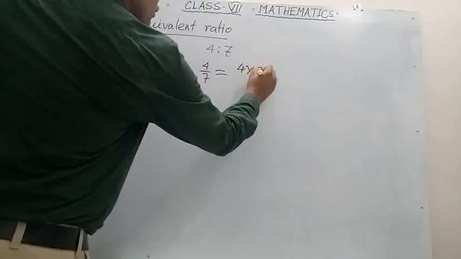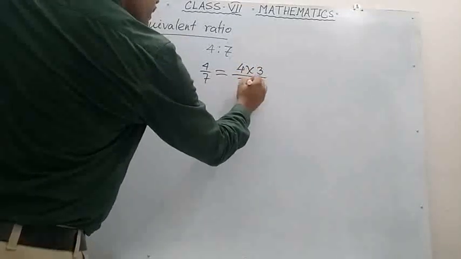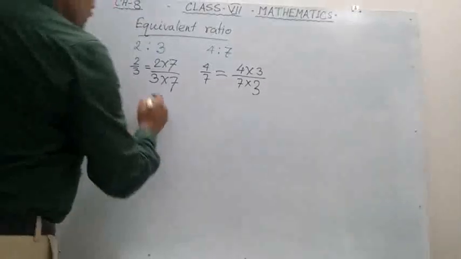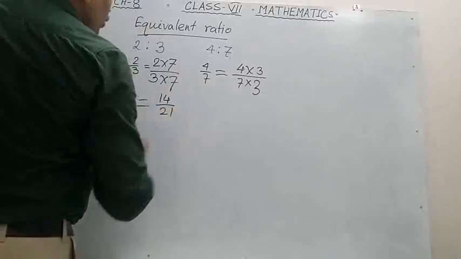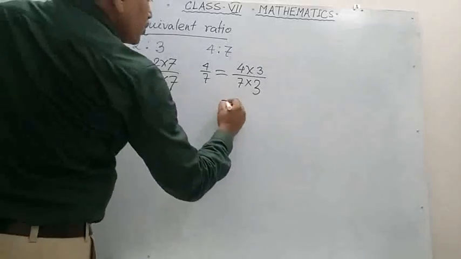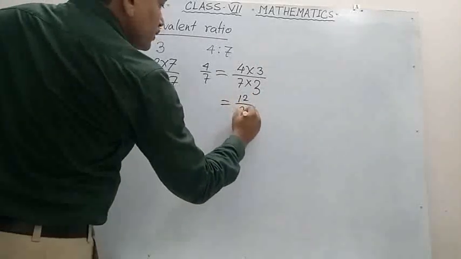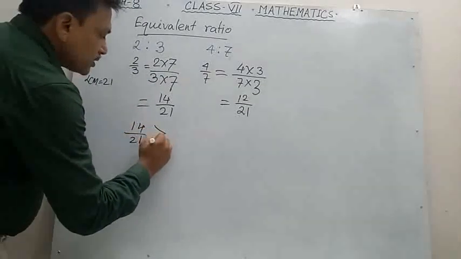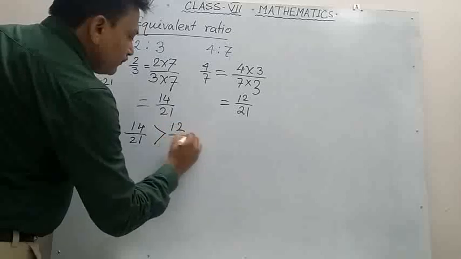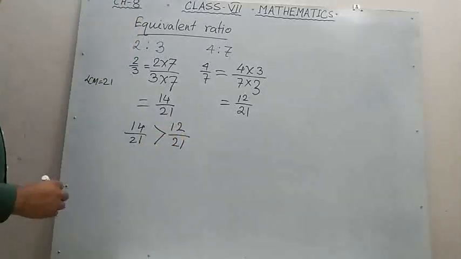So 4 into 3 by 7 into 3. So this one equals 14 by 21, and this one equals 12 by 21. Now 14 by 21 is greater than 12 by 21.